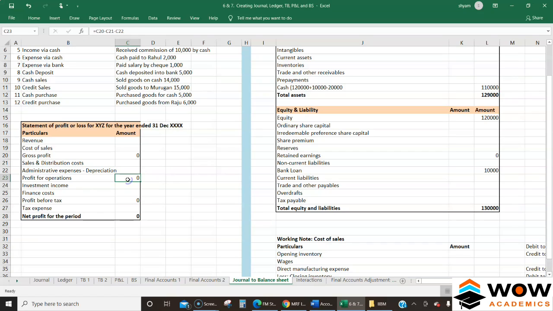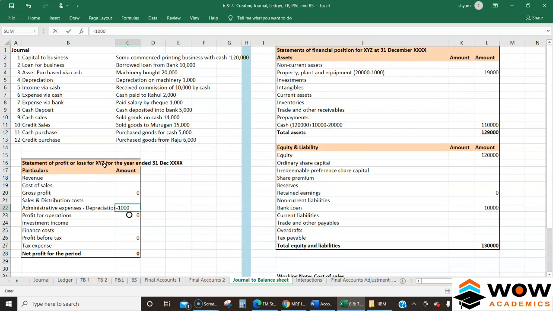Depreciation is 1,000, but is it plus or minus 1,000? It is a cost, so we could put minus 1,000. Immediately when I put it here, the profit would become minus 1,000, and the retained earnings will also become minus 1,000. So you can just check it now.